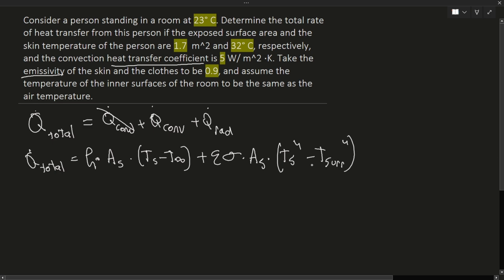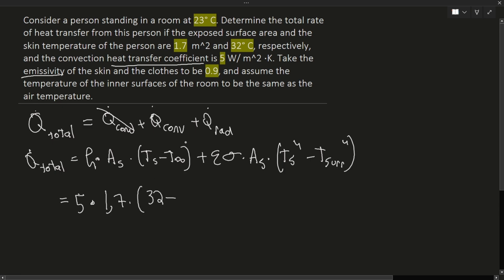All right. So the question is just asking us, what's it asking us? Determine the total rate. Okay, so we're just finding Q total. So we have H, it's given over here, the heat transfer coefficient, 5. As, the area is given over here, 1.7. The skin temperature of the person, the surface would be 32 over here.